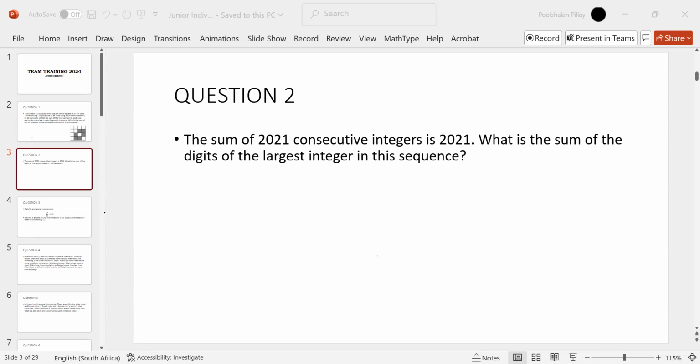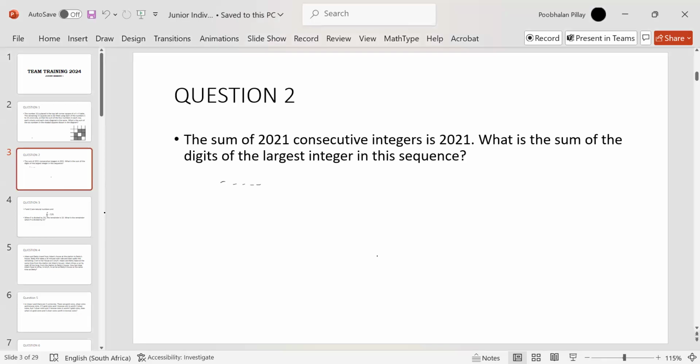Now, consecutive numbers are like, for instance, we don't know what these numbers are, but we know when you add up the whole lot, you're going to get 2021. For instance, you've got 6 and 7 maybe, and 8. These are consecutive numbers, right? And we don't know where it starts. Maybe it starts at some level, let's call it A, and it finishes off at some number L. L for the last one, and A for the first one, beginning of the alphabet, as it were.